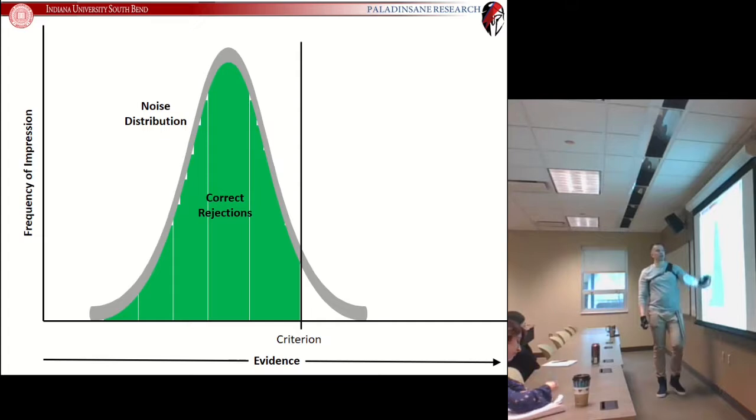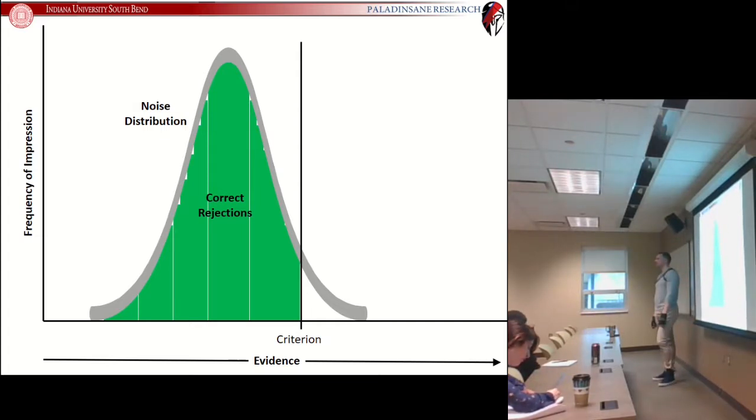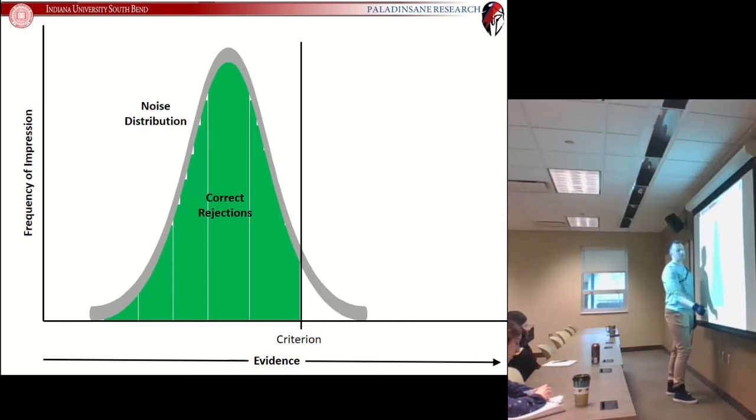So this area of the curve indicates the times when you say, did I hear something? And you decide, no, I didn't hear anything. And in fact, no noise was made. No signal was given. So most of the time, your noise distribution is going to fall below your criterion, and that's going to be correct rejection.